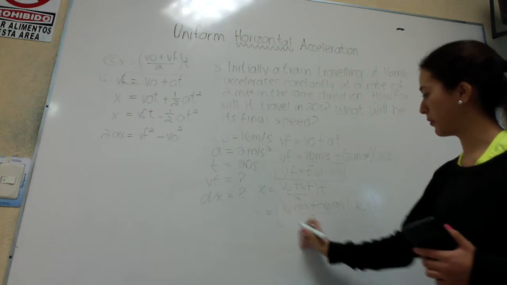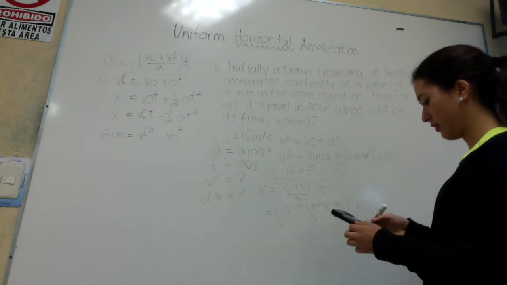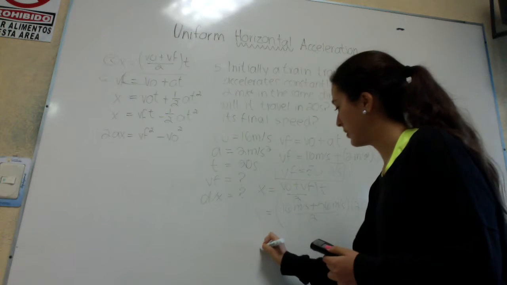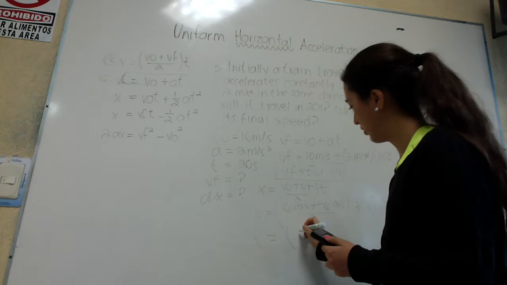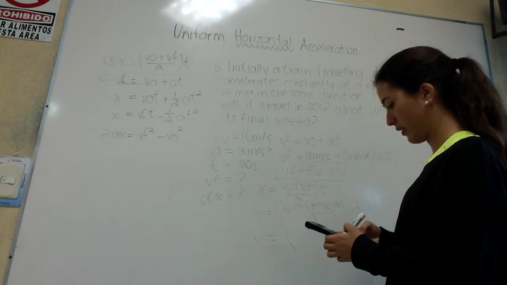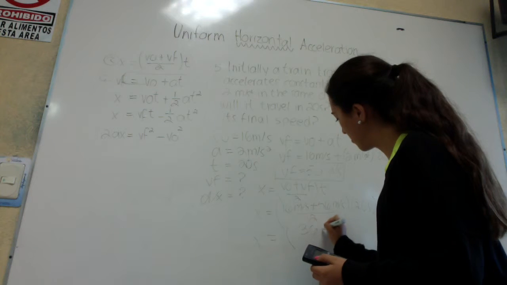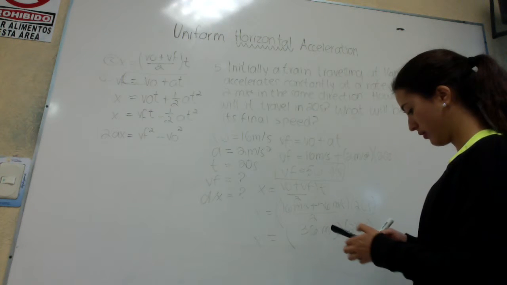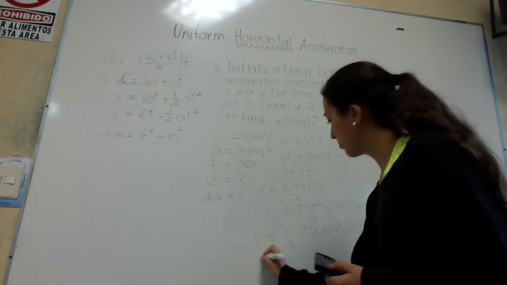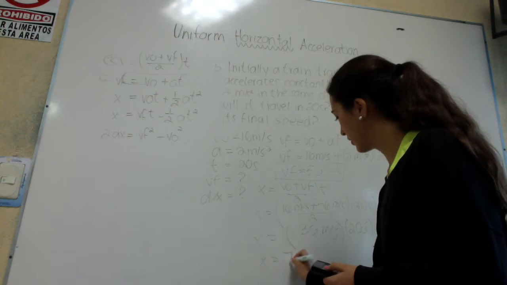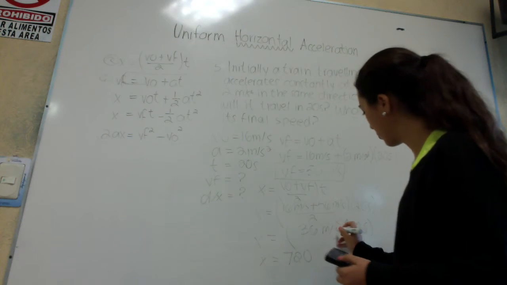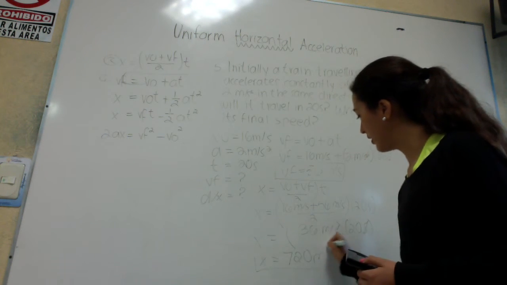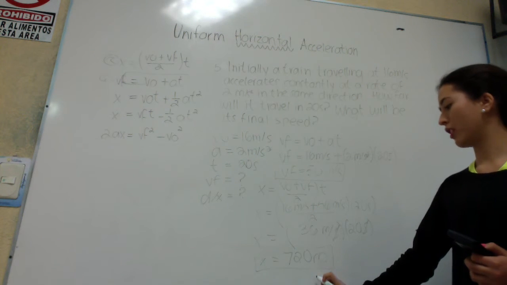We're first going to make this 16 plus 56, 72, over 2, 36 meters per second times 20 seconds. And this will be 720. We eliminate seconds and we have meters. And this will be a distance of 720 meters.